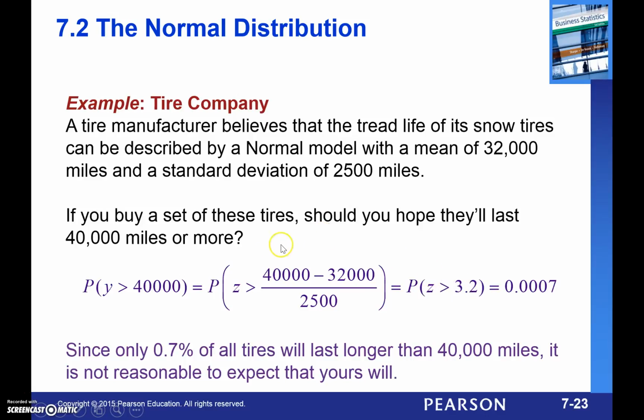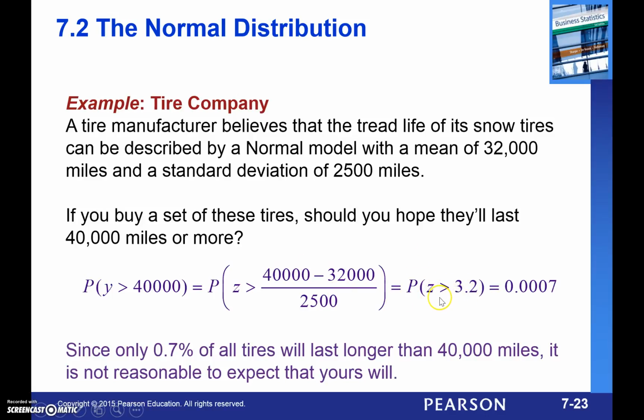So we can rephrase this problem into one where we can use the z-table, and now we're looking at what's the probability that z is greater than 3.2. But now, again, greater than means, if we were to draw this in with our normal curve, to the right of.